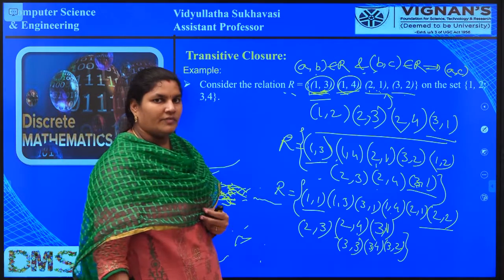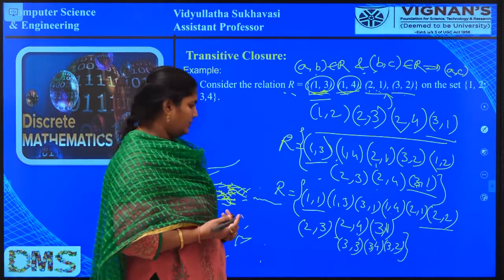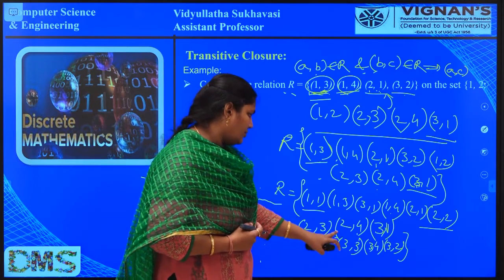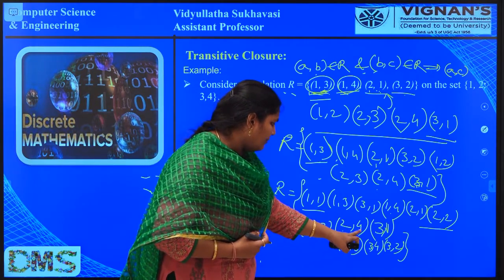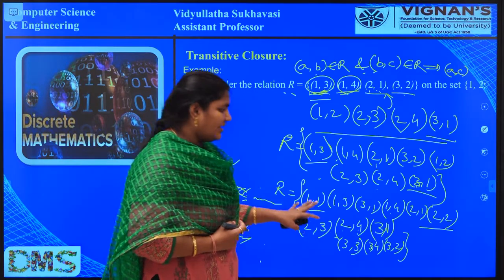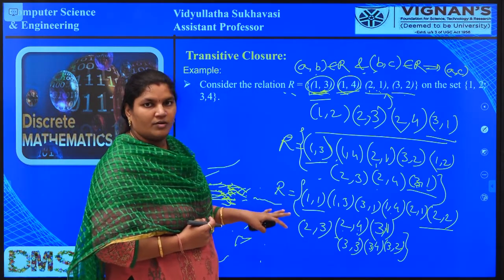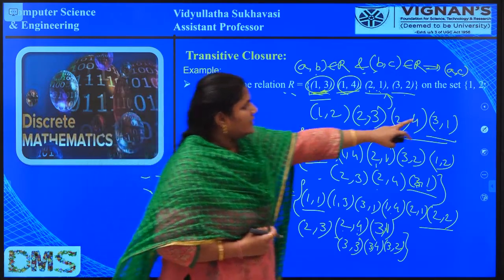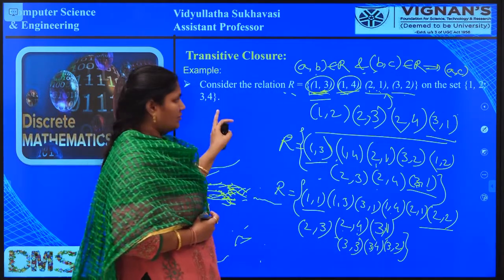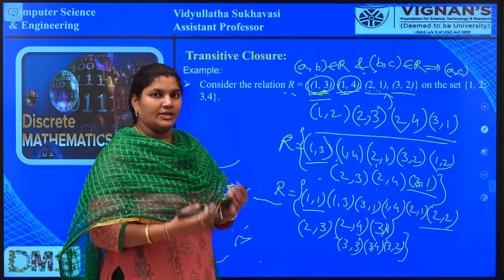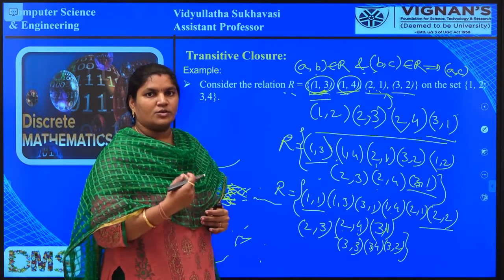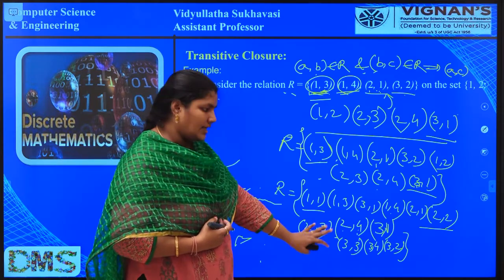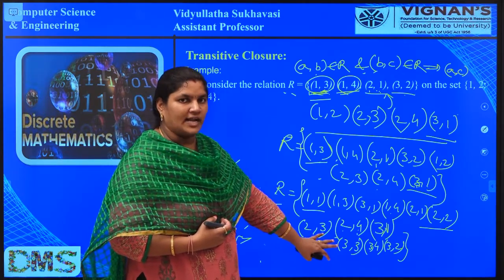So check here whether it satisfies the transitive property. So (1, 1), (1, 3). So here if you check (2, 4), no ordered pair is there which starts with 4. That means here in the set we have 1, 2, 3, 4, and we don't have any ordered pair which starts with 4. So again we need to check for the transitive property here. As of now it is satisfying the transitive property.